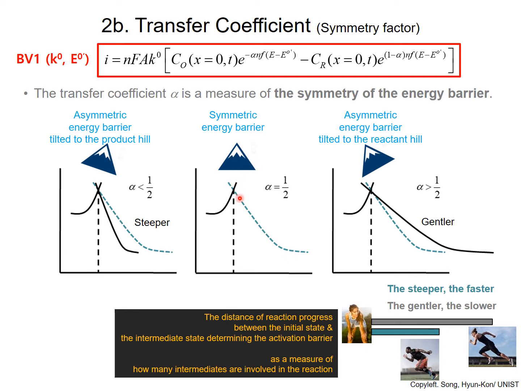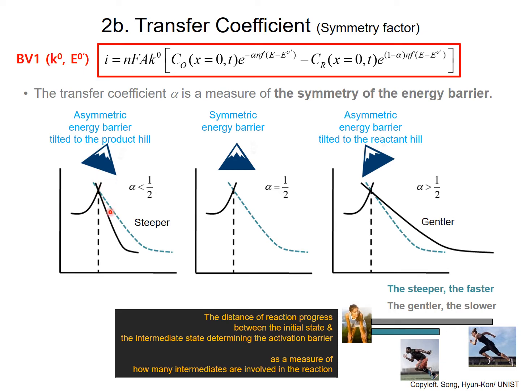So this mountain looks symmetric at alpha equal to 0.5. And then let me modulate the value of alpha into a value less than 0.5. What happens for the reaction coordinate diagram?